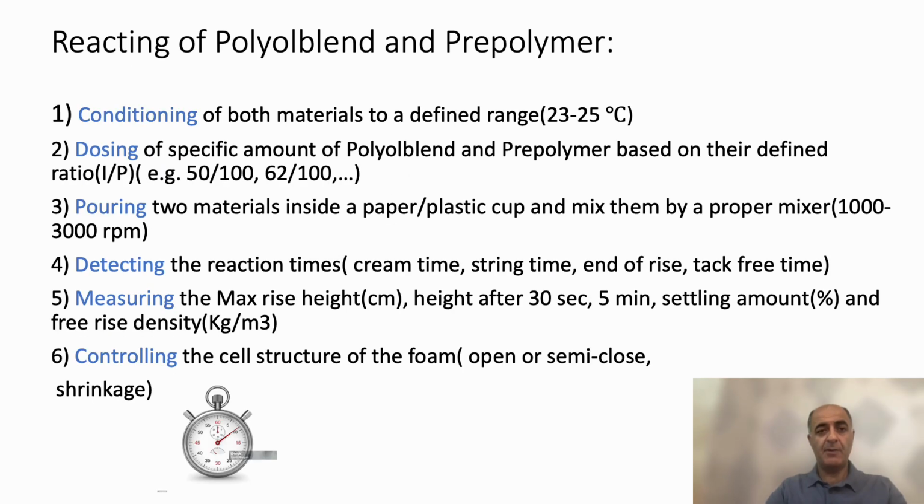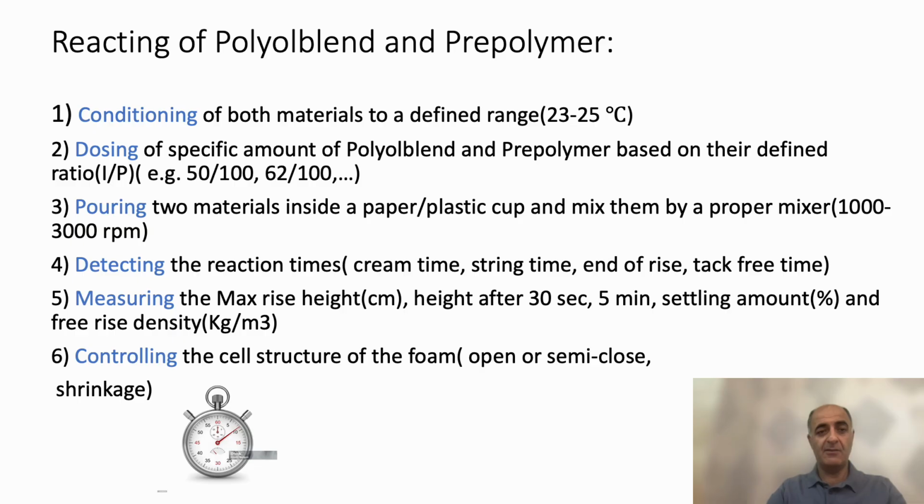In this step, after making the polyol blend and prepolymer, we will do some activities to react these two together. First, conditioning of both materials to a defined range, normally between 23 to 25 degrees.